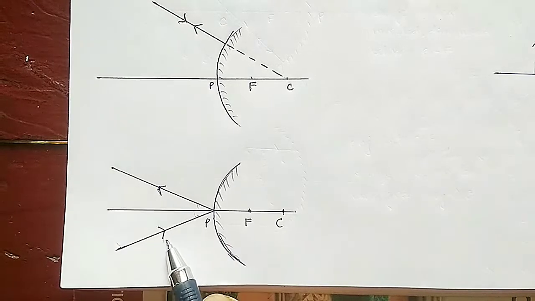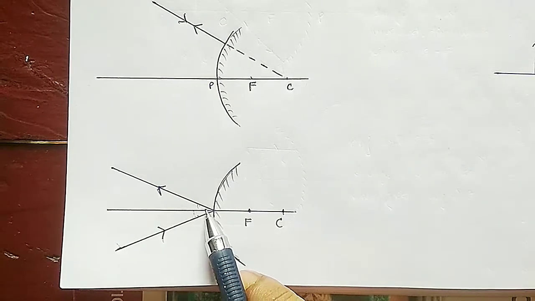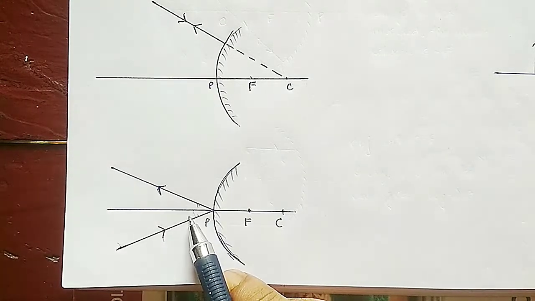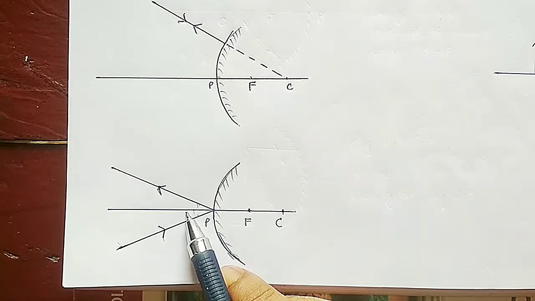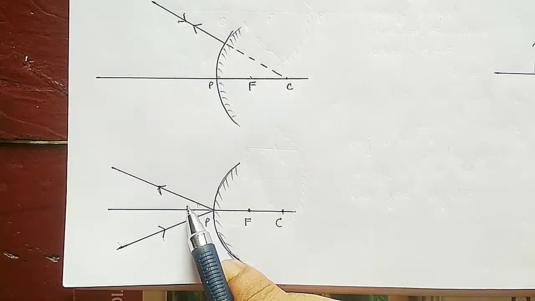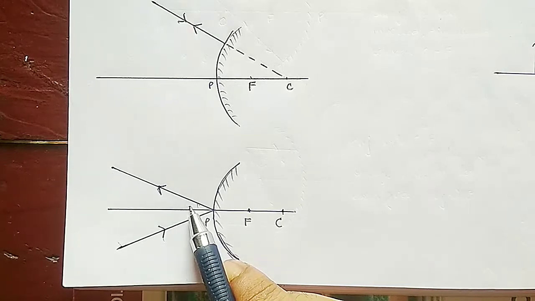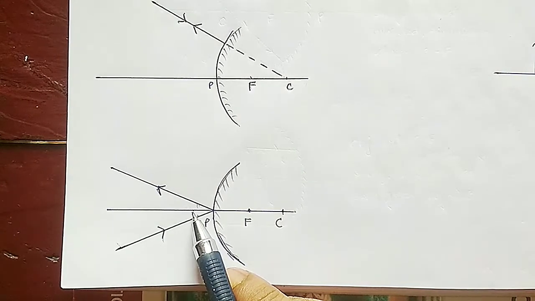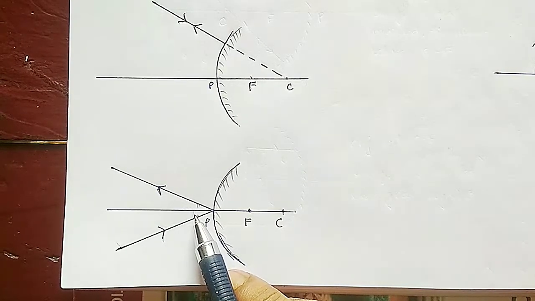So any ray of light which is striking the pole will reflect in such a way that the angle formed by the incident ray with the principal axis will be equal to the angle formed by the reflected ray with the principal axis. So these are the 4 rules of reflection of a convex mirror.